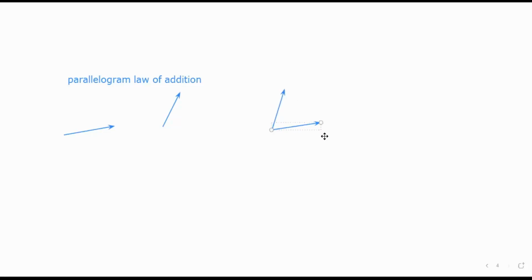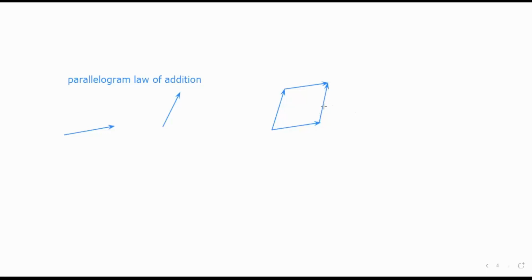Next, starting from the head of the B vector, we draw a line which is parallel to the A vector. Then, starting from the head of the A vector, we draw another line which is parallel to the B vector.